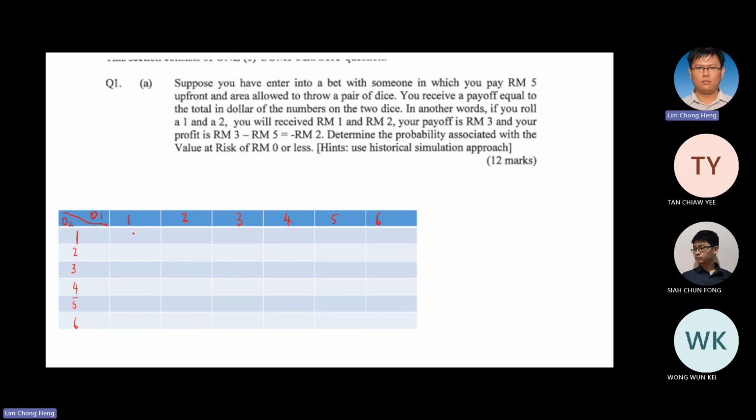So the possible outcome is 2, 3, 4, 5, 6, 7. 3, 4, 5, 6, 7, 8.